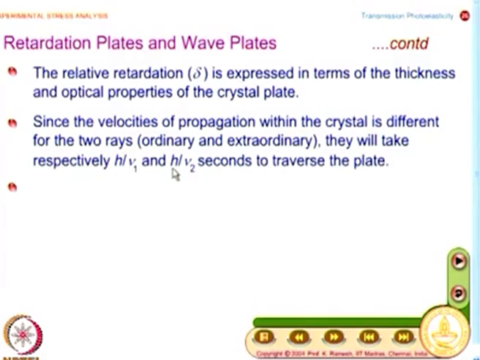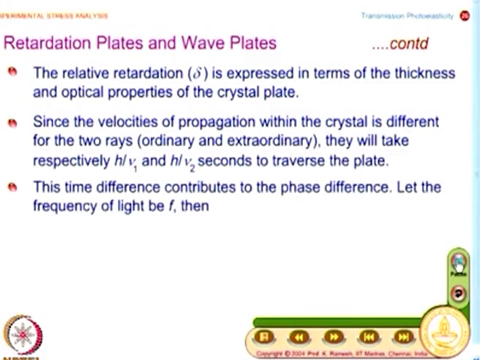T, if I use it, indicates time, so we want a different symbol for the thickness, and we take advantage of our understanding of refractive indices. So, this time difference contributes to the phase difference. Suppose we have the frequency of light f, then I can write the expression for delta.